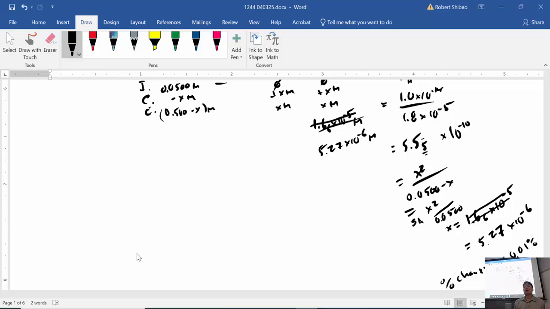So the question is, should I worry about hydroxide from water? I mean, 10 to the minus 6 is kind of small. But I'm not going to get 10 to the minus 7 from water, because that's only if there was no common ion.